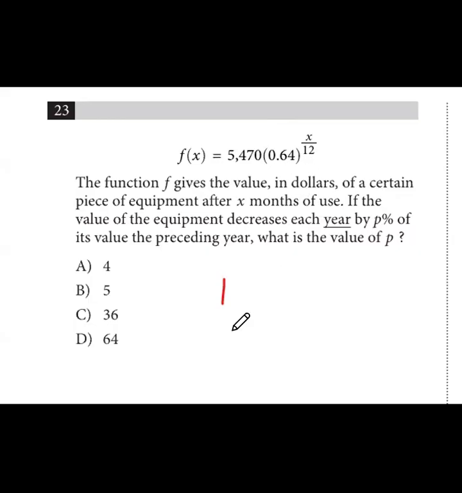So in this case, it's 64% of the original value every time this changes, and this specifically asks for decrease, so we just have to do 100% minus 64% to get 36% as the amount it decreases by each year.